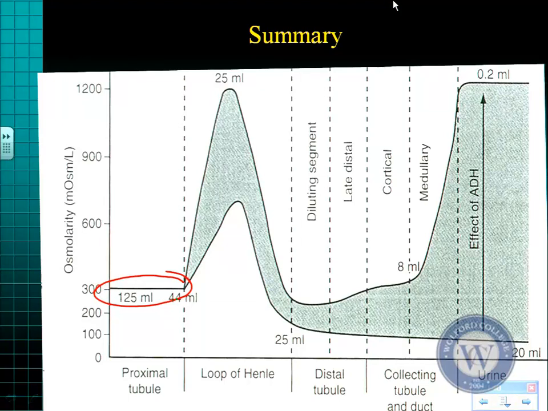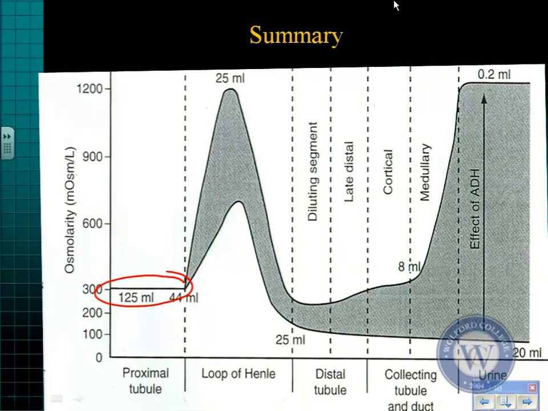The amount of electrolytes and the number of solute units you're pulling back is the same. It doesn't matter if you concentrate. So if somebody asks, can you change the concentration of your urine by changing the proximal tubule? The answer is no. The proximal tubule has no effect on diluting or concentrating your urine. Where that effect is, of course, is going to be in the loop of Henle and everything after that. That's why there are differences in the curves between the two.